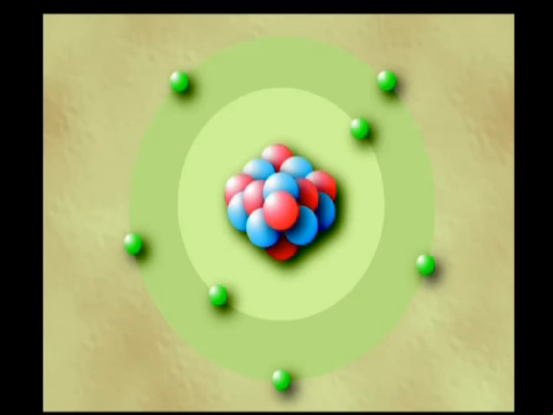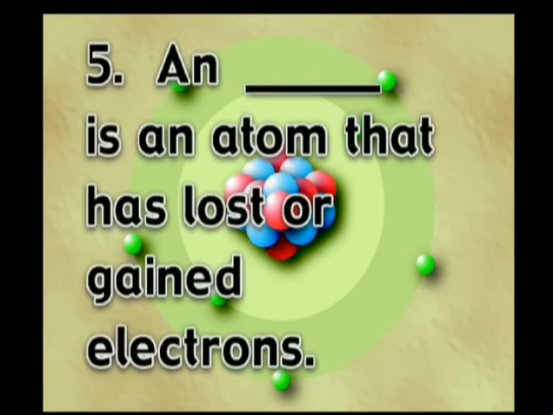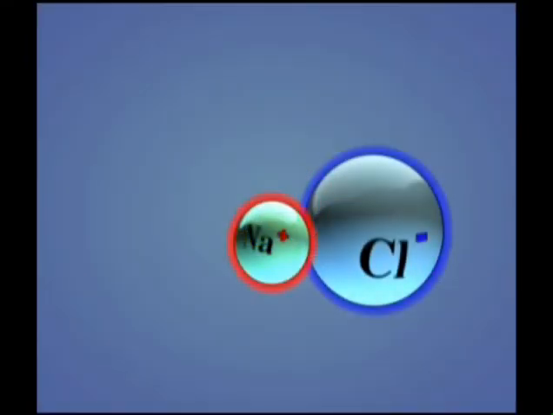Number 5. An ion is an atom that has lost or gained electrons. Number 6. Ionic bonds involve the transfer of electrons between atoms.